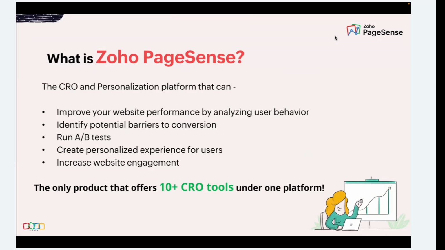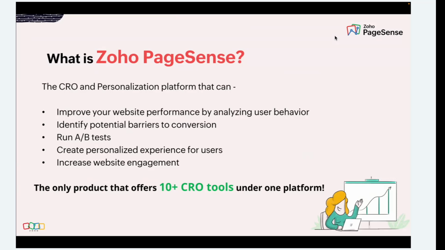It's loaded with powerful integrations, which I will be covering in the later slides. Our platform is super easy to use, even for businesses that don't have a lot of experience with CRO. And unlike other products out there, PageSense is flicker free, which means when you run an A/B test or any other CRO experiment, your website visitors will not notice or face any kind of flickering. This is important to ensure that your experiment results are accurate.